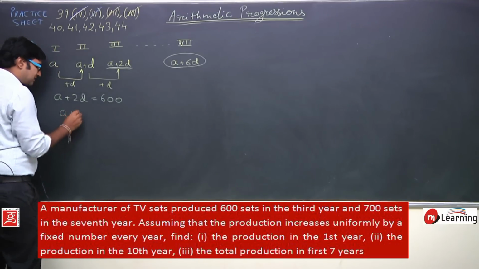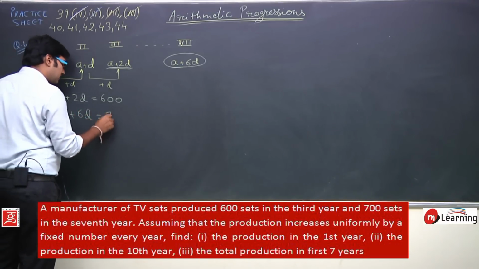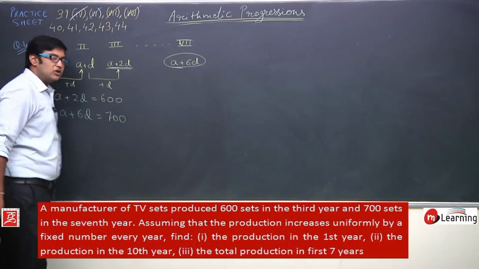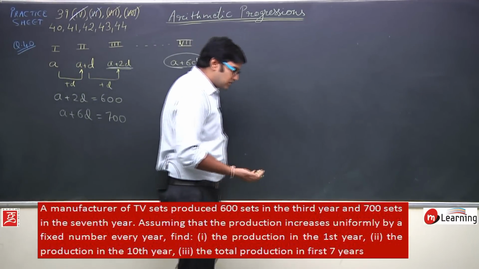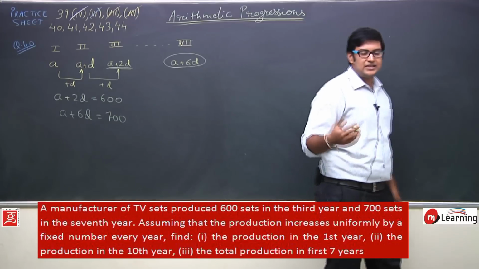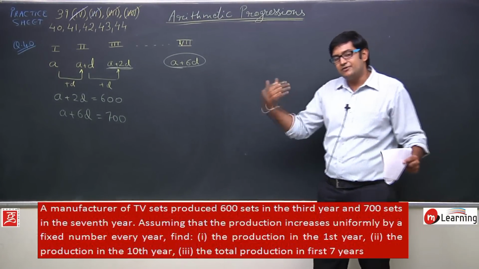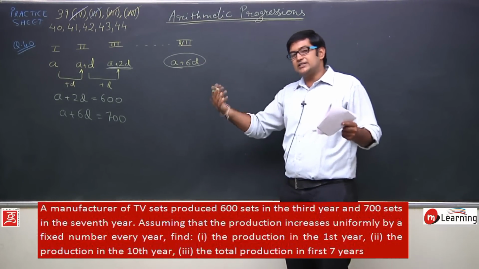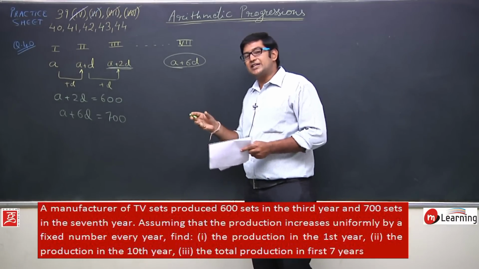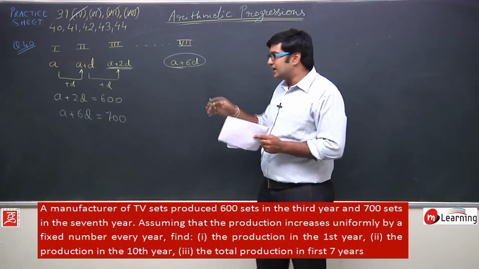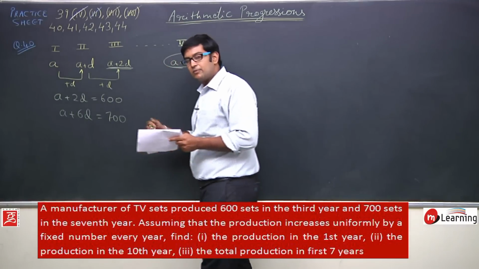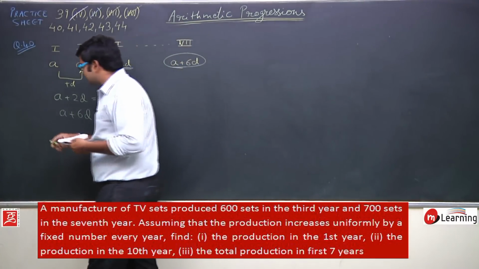So A plus 6D must be equal to 700. So what you can see is I have assumed that the first year has A number of TV sets produced, that is the first term of an AP. Then after first year there is a growth of D number of TV sets, that is the common difference of this AP every year. Okay, uniform growth for this TV manufacturer.